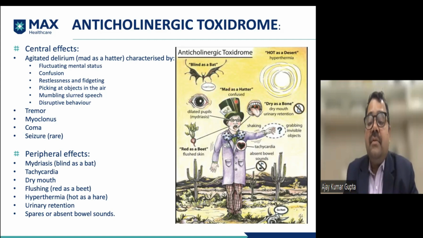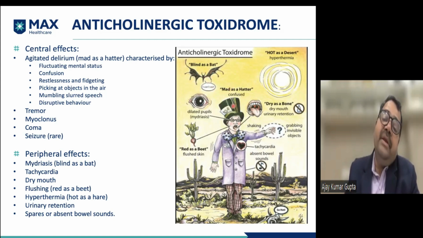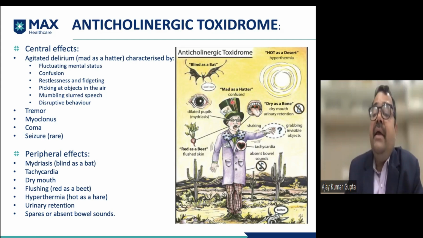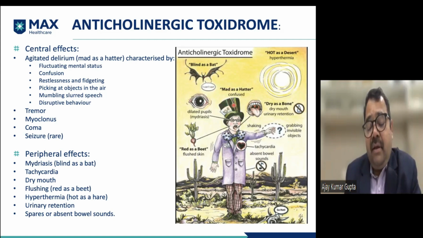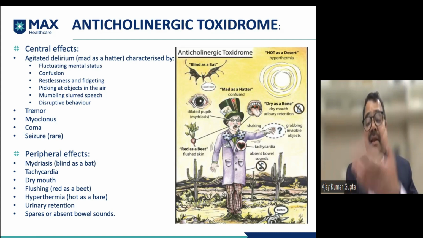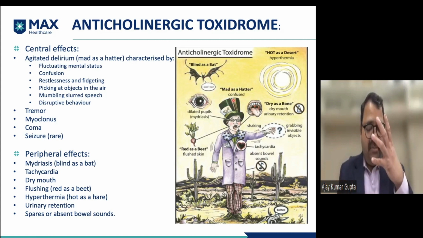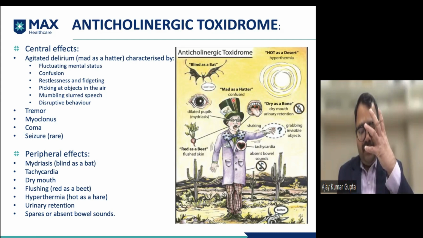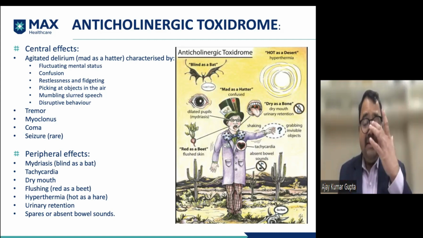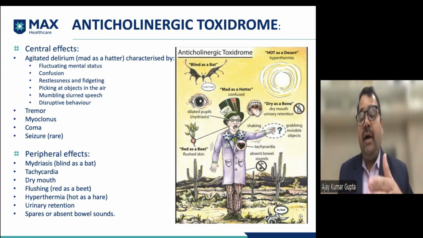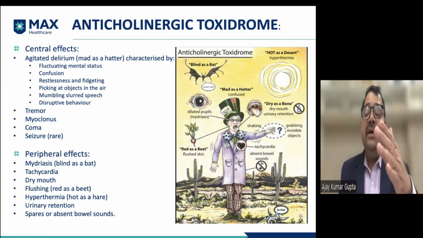And this is the mad as a hatter. In the 19th century, hats were made by hatters, and a chemical was used to take the fur off the hat, and when inhaled, that chemical caused mania and madness in those hatters. A hatter is a person who makes hats.